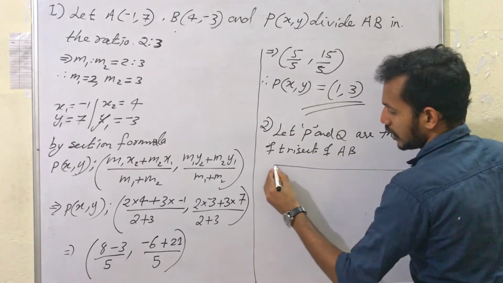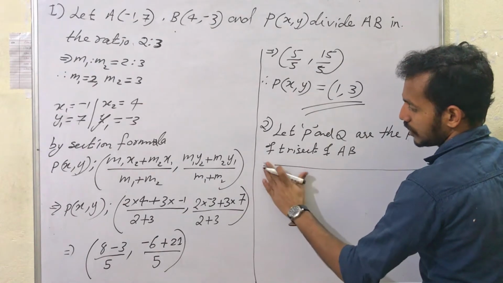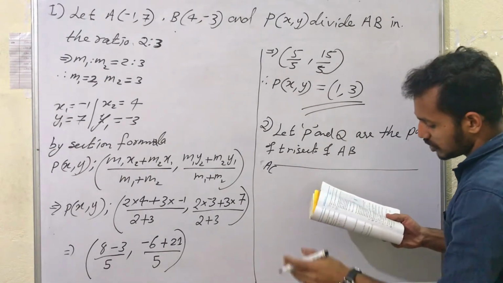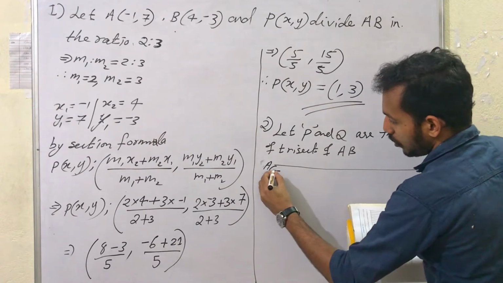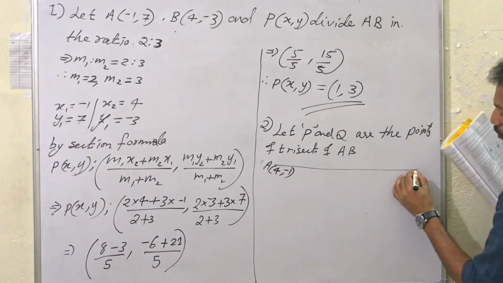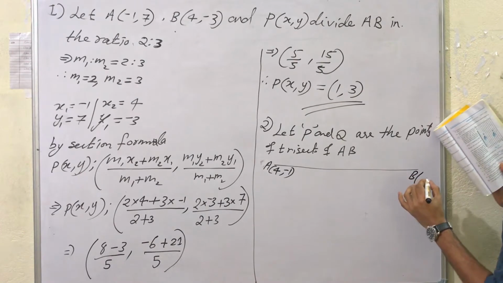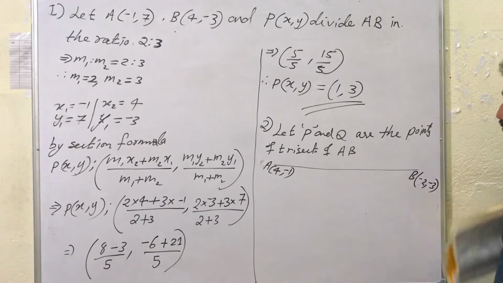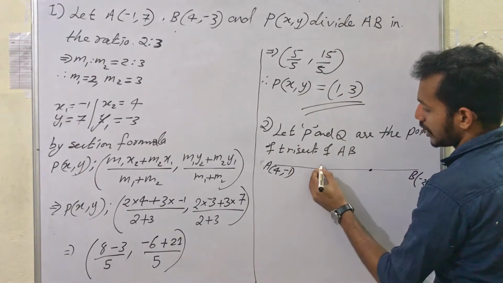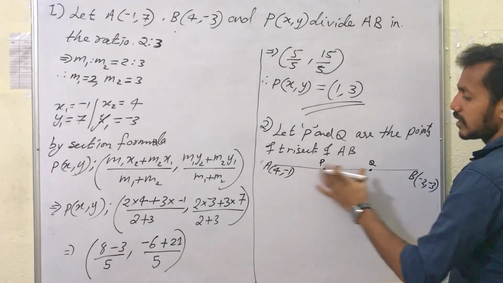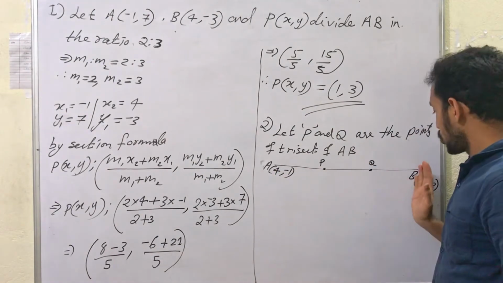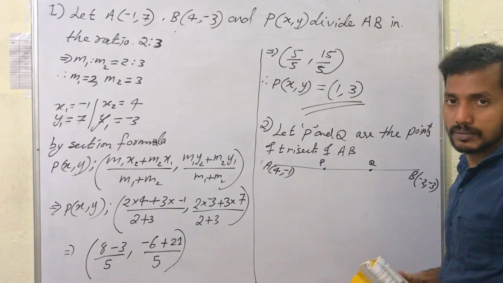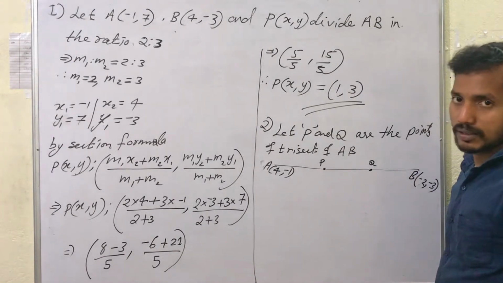Here a line segment AB is given, with the coordinates of A, the first point, being 4 comma minus 1 and the coordinates of B being minus 2 comma minus 3. Now there are other two points P and Q which trisect the entire line segment. To divide a line segment into 3 parts, 2 points are required. So here we consider P and Q as the points.